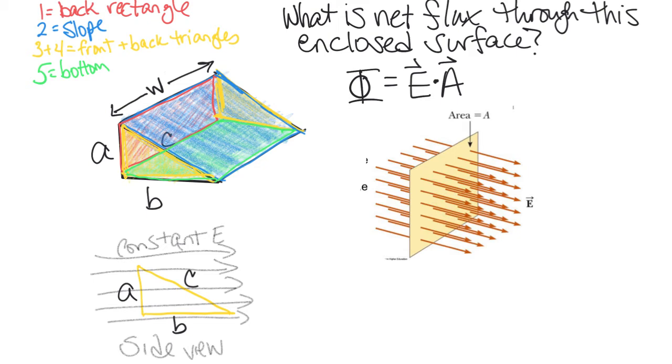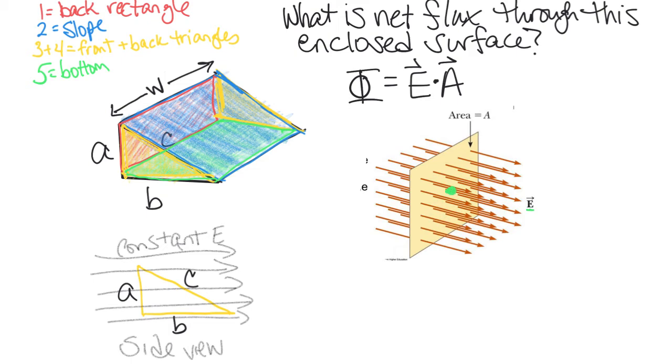So when we talk about the dot product, let me grab a color. Let's do green. We're talking about the electric field, so here's the electric field right there. But what does the vector area mean?